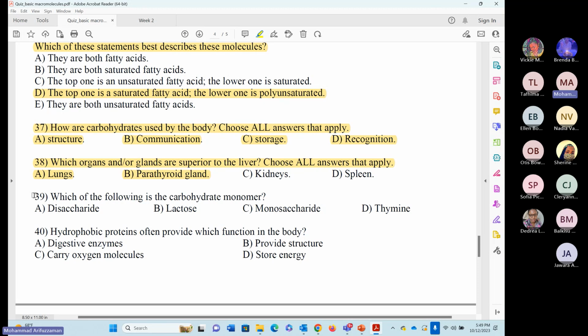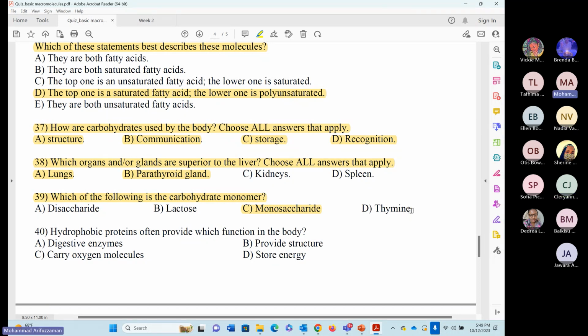Which of the following is the carbohydrate monomer? C, monosaccharide. What is a disaccharide? Can you give an example? For example, sucrose and lactose. So lactose is a disaccharide. And what is thymine?